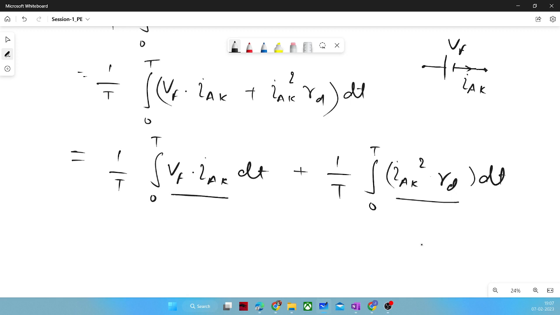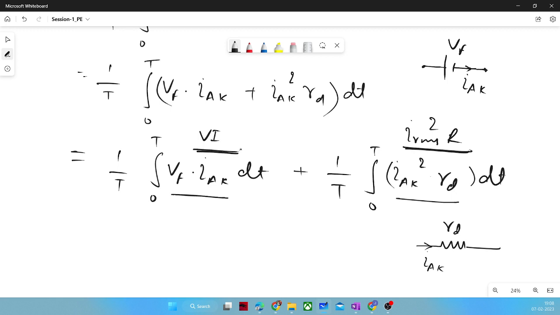And the other element was dynamic resistance, that was RD, and again IAK was flowing through that. So if current is flowing through a resistor, power will be IRMS square R. That's what we derived here, and this is the IRMS square R term, and this is the VI term.